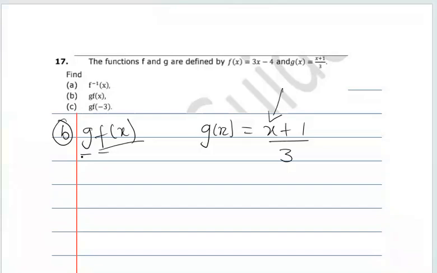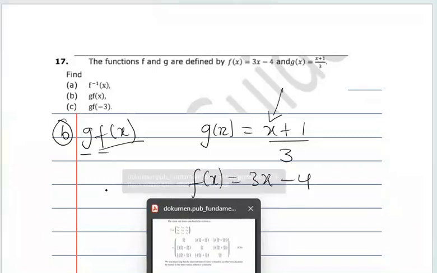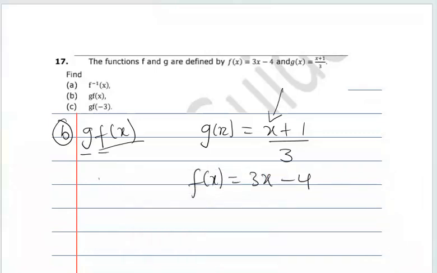So g is at the beginning, so you consider the equation at the beginning. If there was f here and g here, we could have written the equation for f of x first, 3x minus 4. If it was, let's say, f g of x, because f is appearing first, we could have written this equation first.